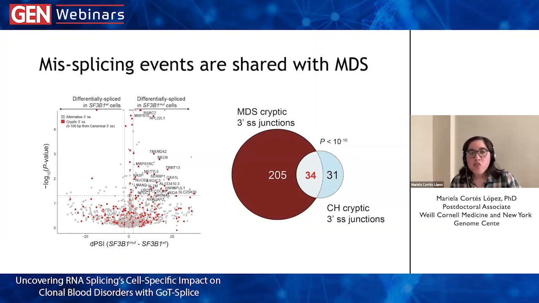And they also present this phenotype of being alternative splicing events which lead to cryptic 3' splice site change, which is characteristic of SF3B1. So here I'm highlighting some of the cryptic junctions that we were able to recapitulate in this pre-malignant state and also MDS.